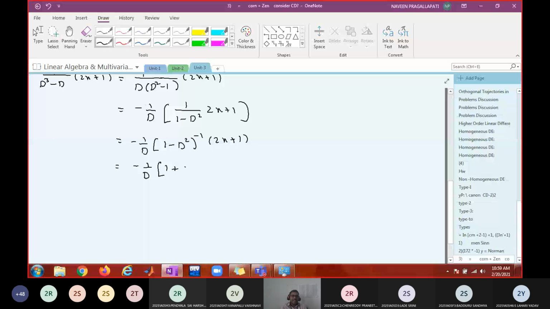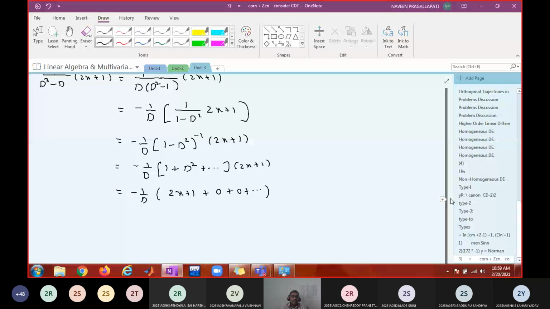So you just collect up to powers of D, because D square of 2x will be 0. Consider this whole term D square as t. 1 minus t whole power minus 1 is 1 plus t square plus and so on. So 1 plus D square plus and so on of 2x plus 1. So this is minus 1 by D of 1 into 2x plus 1, which is 2x plus 1, plus the remaining D square of 2x plus 1 is 0, plus 0 plus and so on.